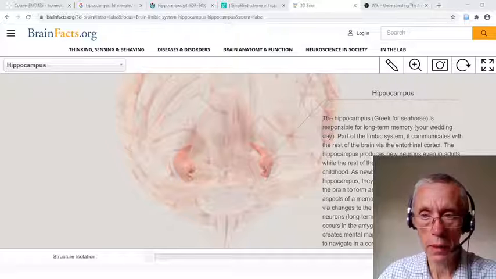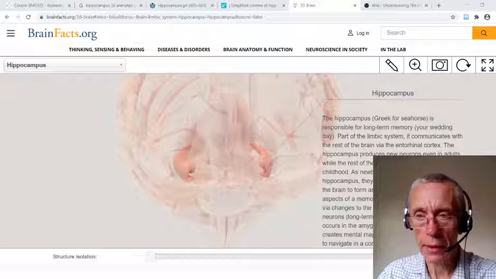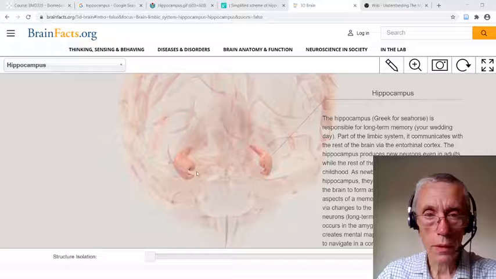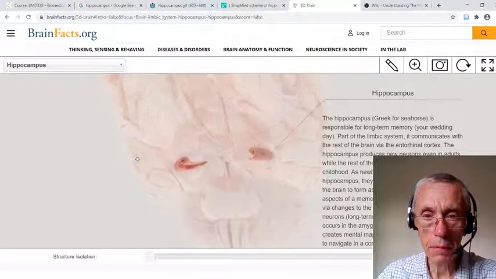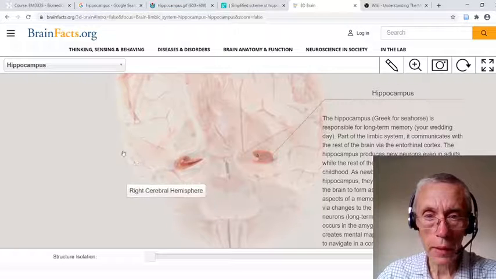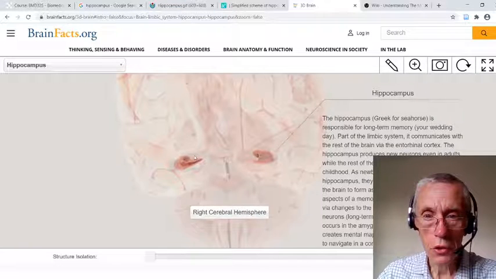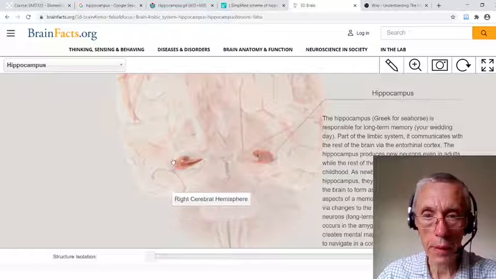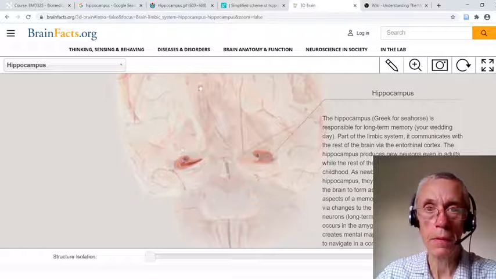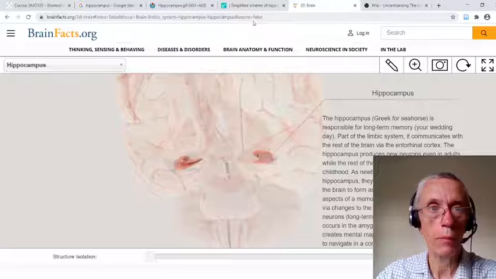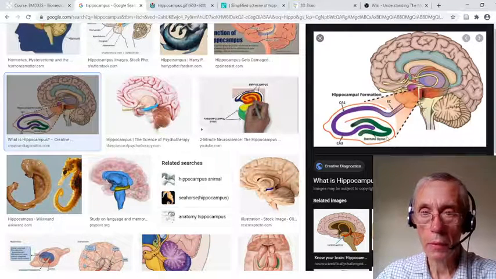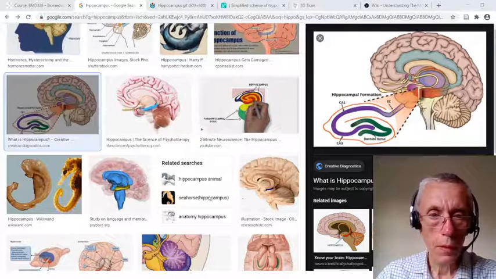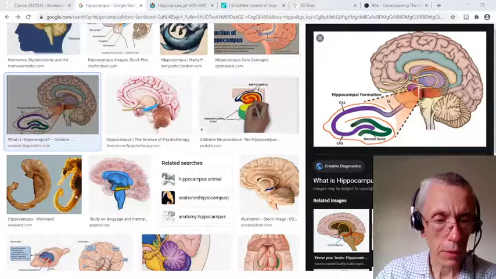Let's have a close look now at the structure of it. As we do that, try to bear in mind this kind of tooth-like shape here, where it kind of comes around and curls back in on itself. Now if we look at a slightly different way of looking at it, let me just try and make that picture a bit bigger for you.